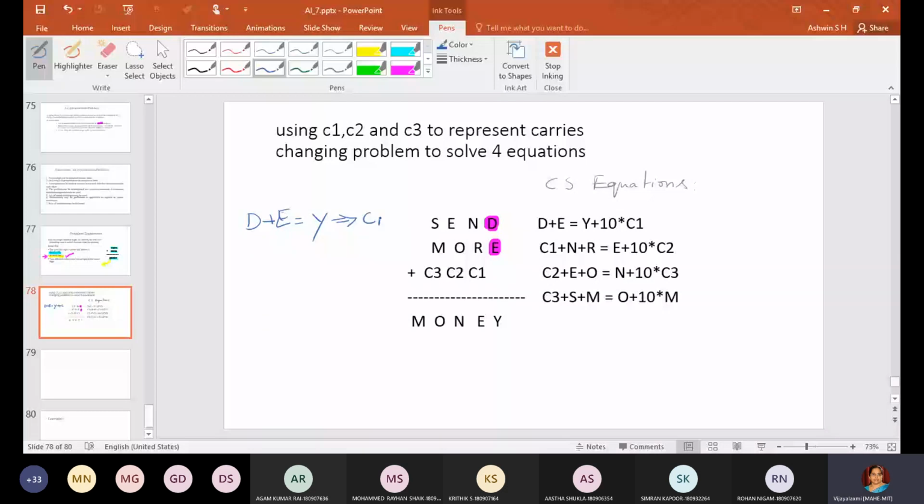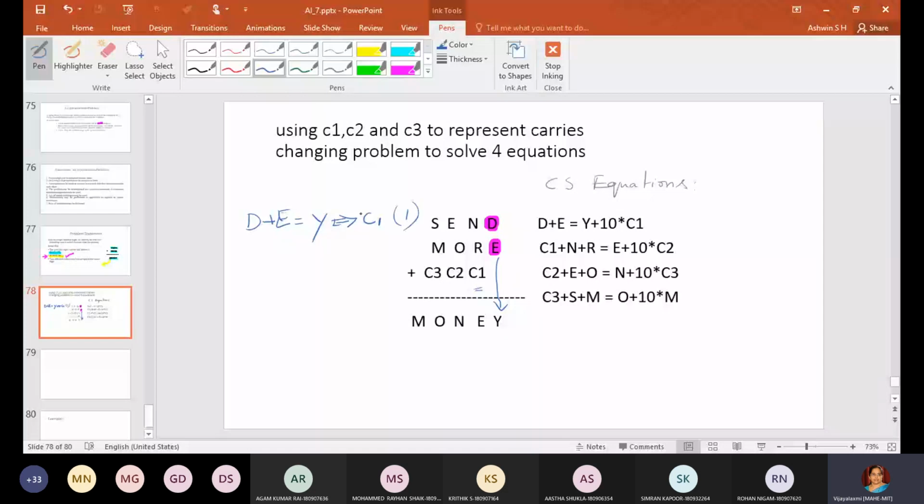I have written it as Y plus 10 into C1, but for understanding I will write it once again: D plus E will be equal to Y, and if a carry is generated, that carry will come here. This is equation number 1.